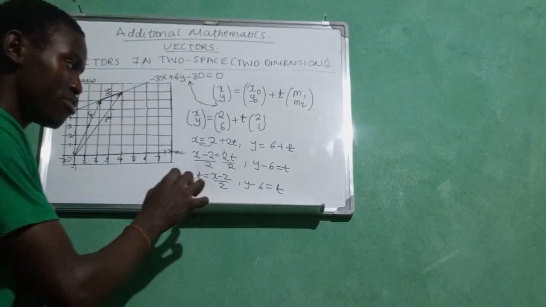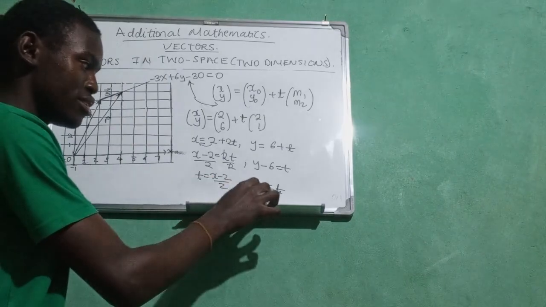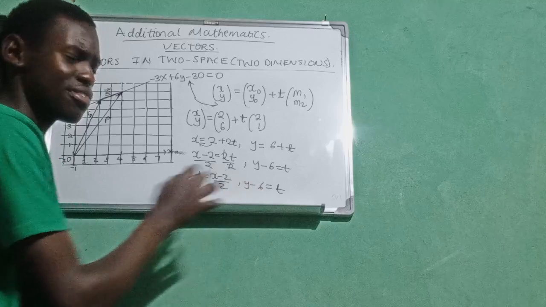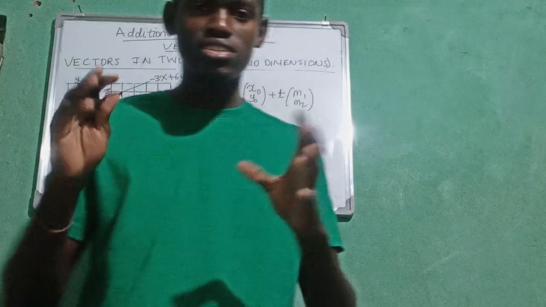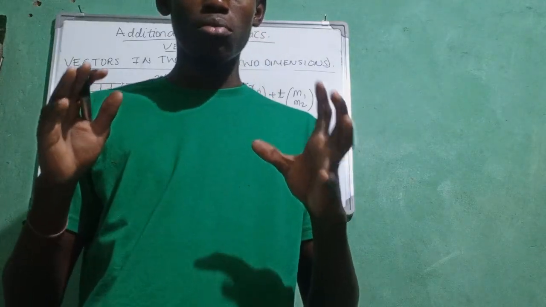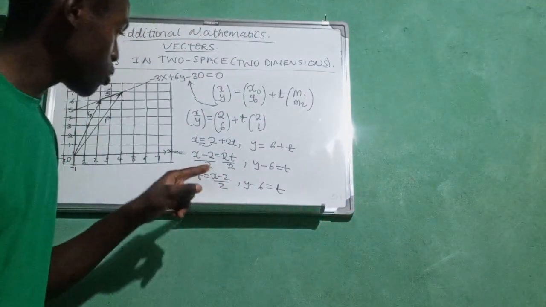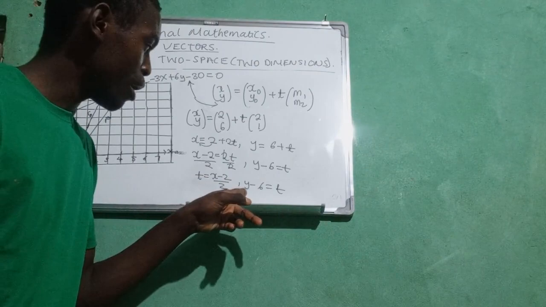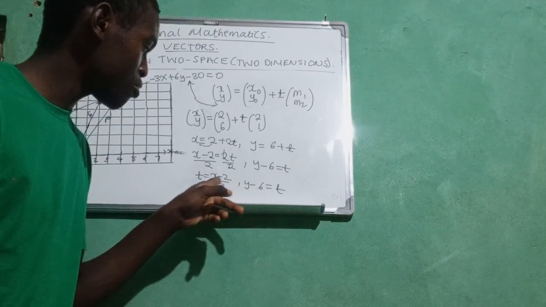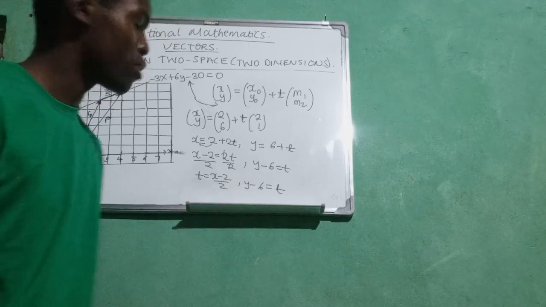So we are saying t = (x - 2)/2 and t = y - 6. We have 2 similar things that t is equal to. Therefore, what we need to do is equate them. So (x - 2)/2 = y - 6. That's what we are going to do.